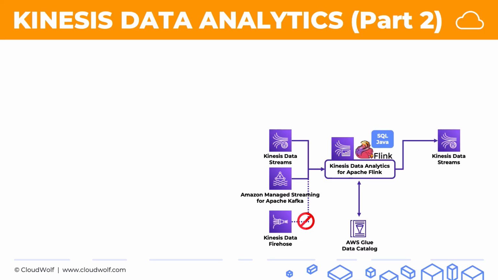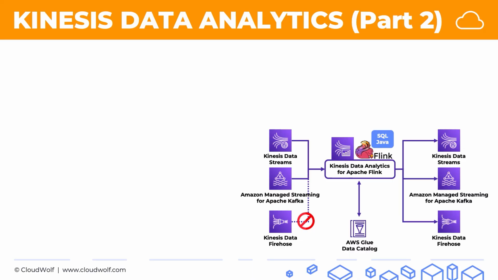You can then output the data to Kinesis Data Streams and to Amazon Managed Streaming Service for Apache Kafka. And interestingly, you cannot ingest from Kinesis Data Firehose, but you can output to Kinesis Data Firehose. So remember these sources and destinations for the exam.